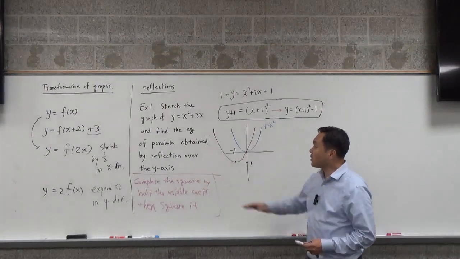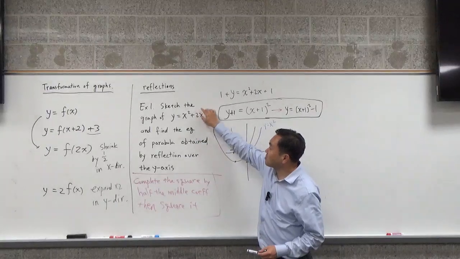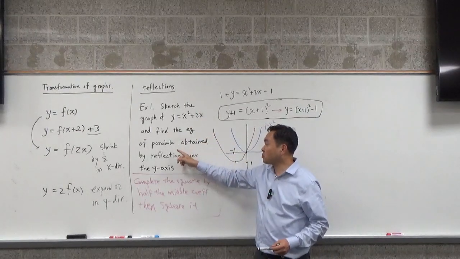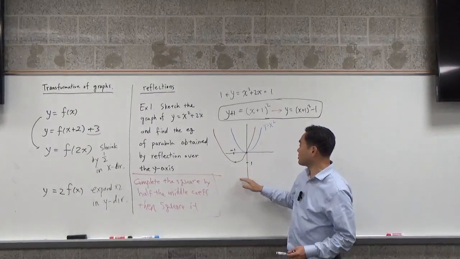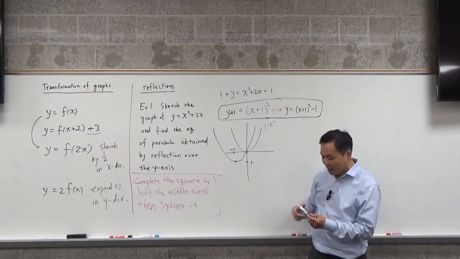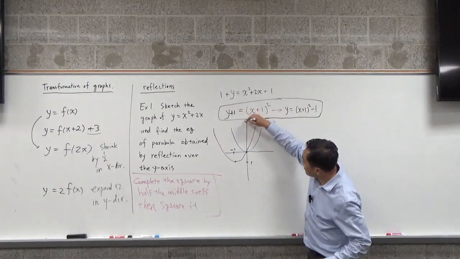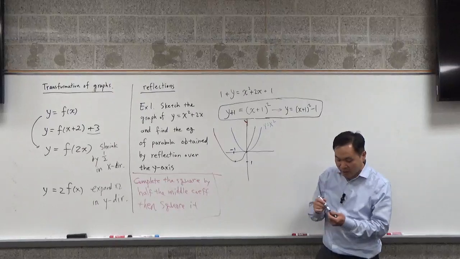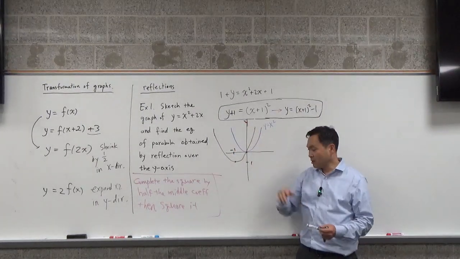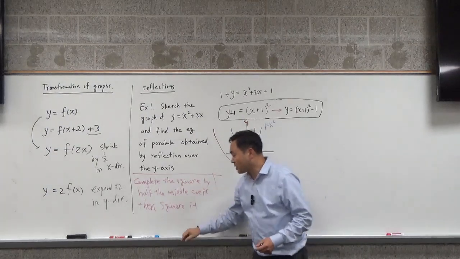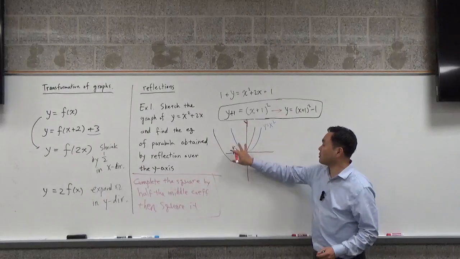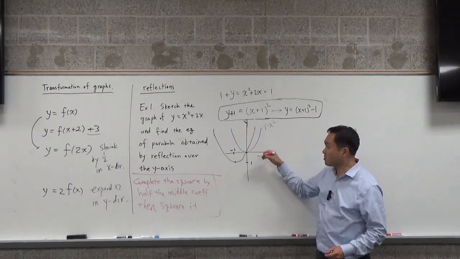Okay, so that first part is done: sketch the graph of this. Now the next part is to find the equation of the parabola obtained by reflection over the y-axis. So this parabola is now going to be reflected over the y-axis. This is your y-axis, right? You're reflecting this over to this side, which means you're trying to make it symmetric over the y-axis.